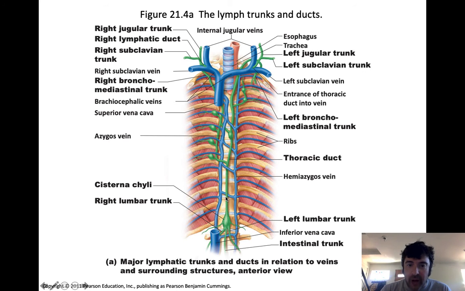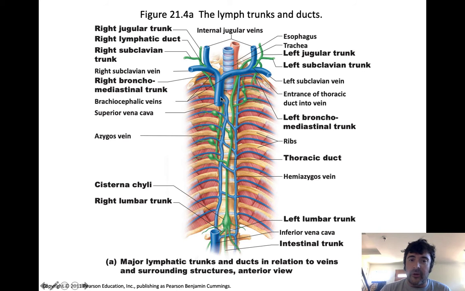From the cisterna chyli to the left lymphatic duct, aka the thoracic duct. That left lymphatic duct then brings that lymph back and it fuses with the left subclavian vein. The subclavian vein runs directly deep to the clavicle, and once the lymph is dumped into the cardiovascular system, it's no longer called lymph, it's called blood plasma again.